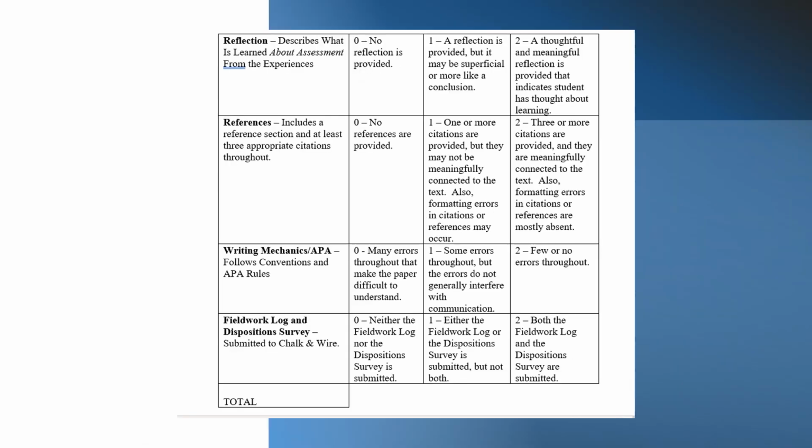I will also score your reflection, whether it was thoughtful and indicated that you learned something that you can take back to the classroom, whether you had 3 citations and appropriate references to match. They can be from your textbook. Whether you use good writing mechanics in APA, and whether you submitted your fieldwork log and answered yes to the question about the disposition survey.